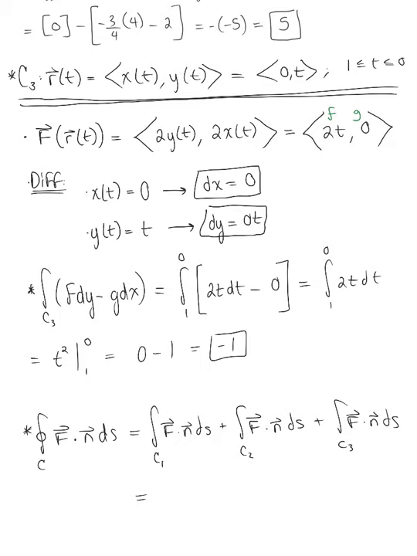So we found that the vector line integral over the first curve was negative 4. The vector line integral over our second curve, c sub 2, is 5. And then last but not least, the vector line integral over the third curve was minus 1, which leaves us with a final answer of 0.